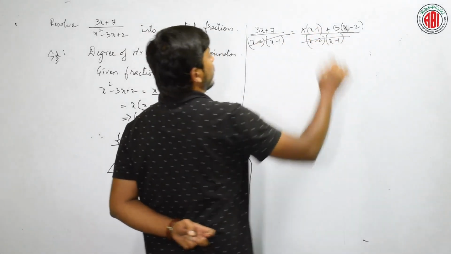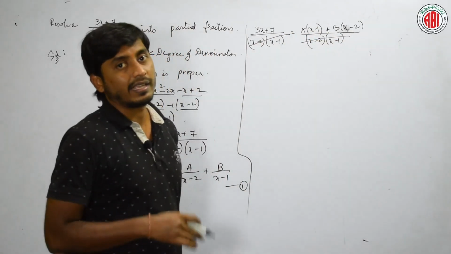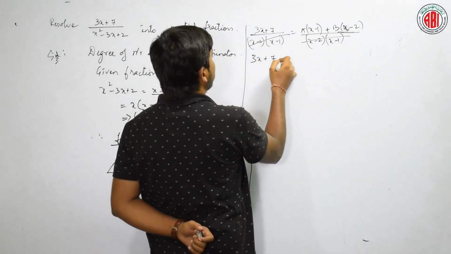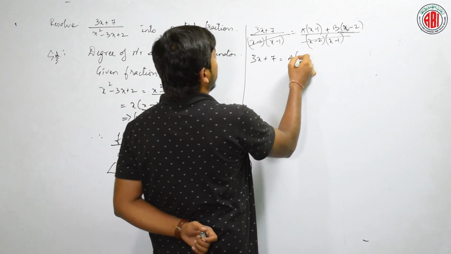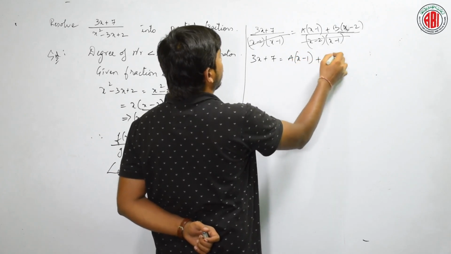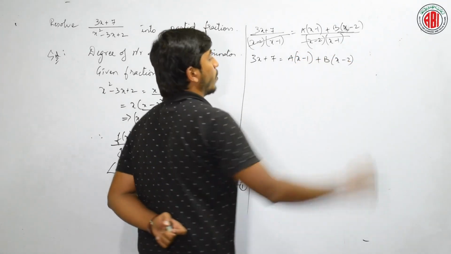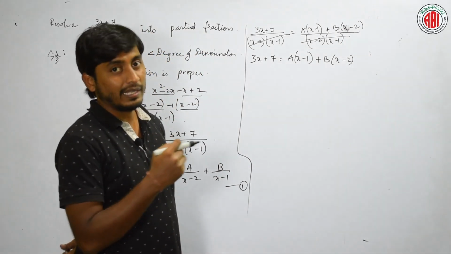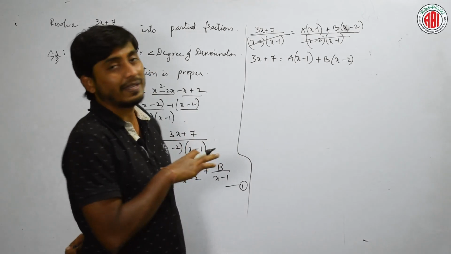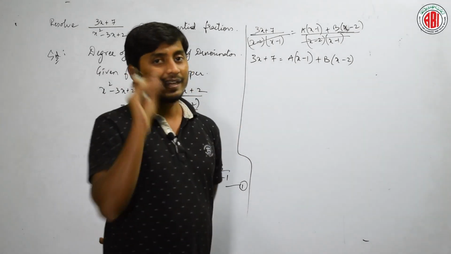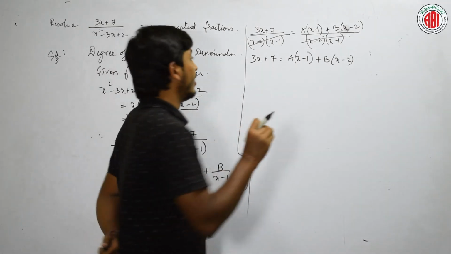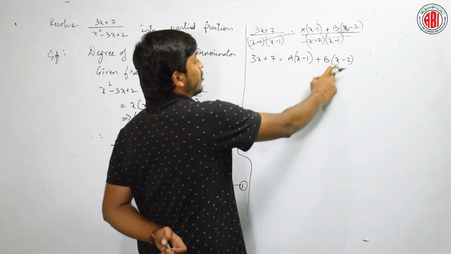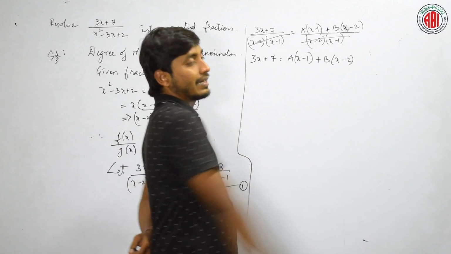Both the denominators are the same, we will cancel them. So, 3x plus 7 is equal to a into (x minus 1) plus b into (x minus 2). Fine. We can do it in multiple ways. So, let me show the simplest method, that is the substitution method. If I substitute x equal to 1, this term will be lost. If I substitute x equal to 2, we can remove this term.